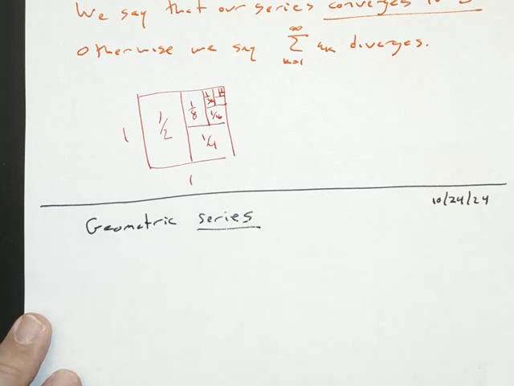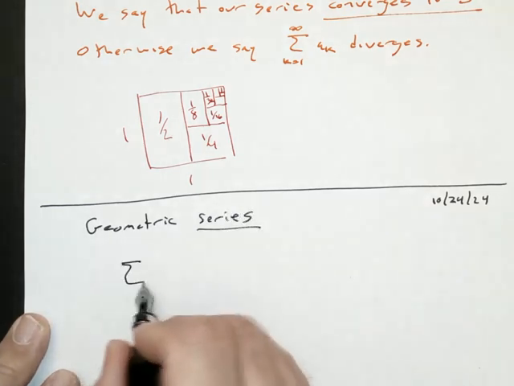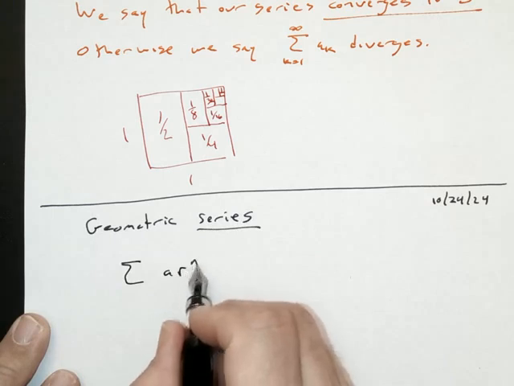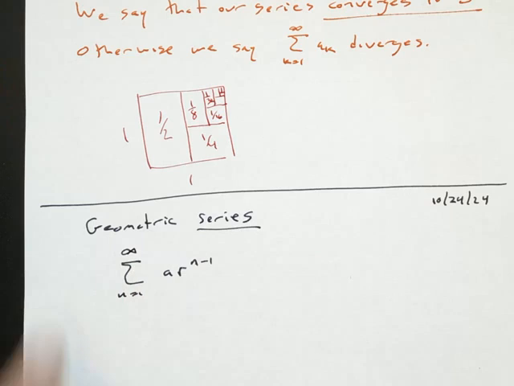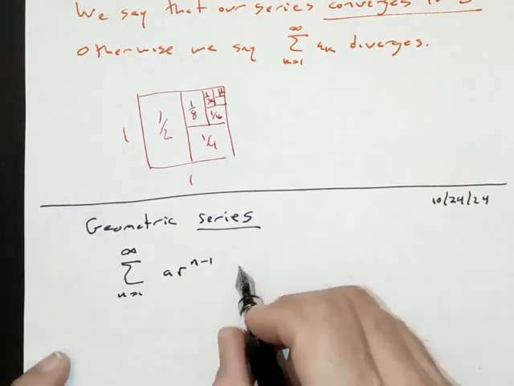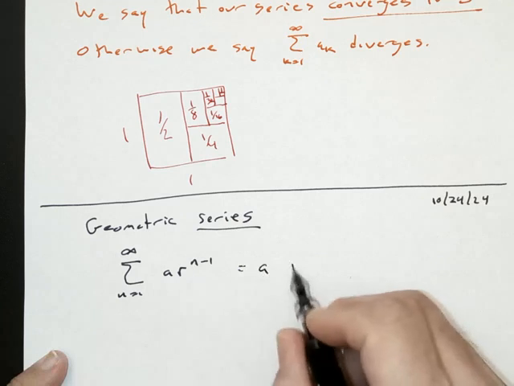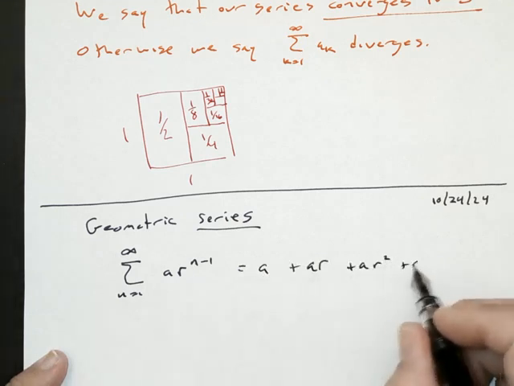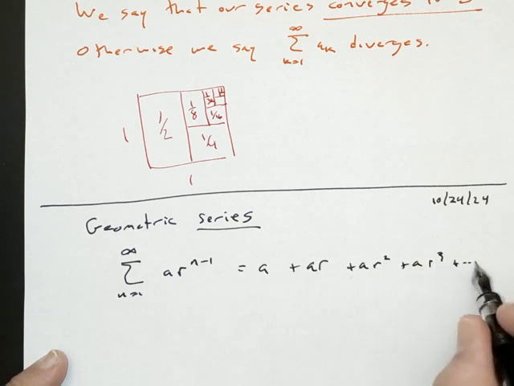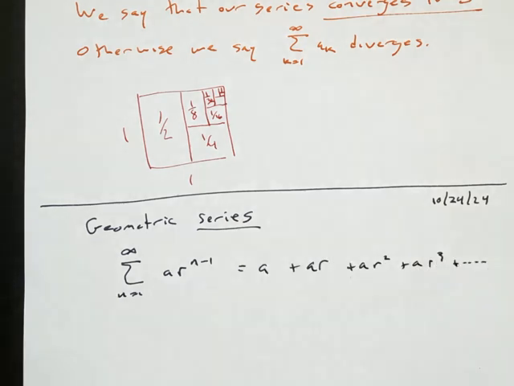A geometric series is a sum where each piece in the series, each term, is geometrically related to the one in front of it. So this starts with an a, and then an a times an r, and then an a times an r squared, and then an a times an r cubed, and keeps going.